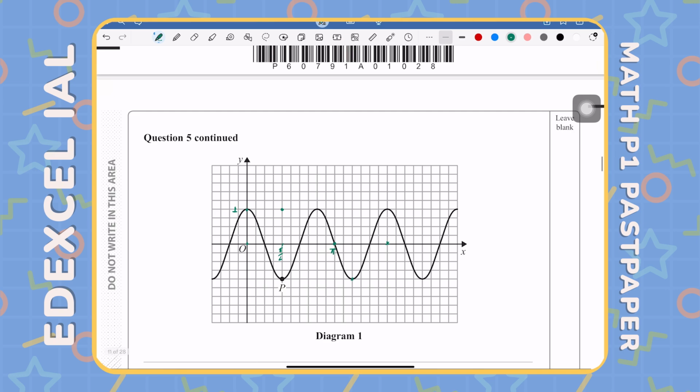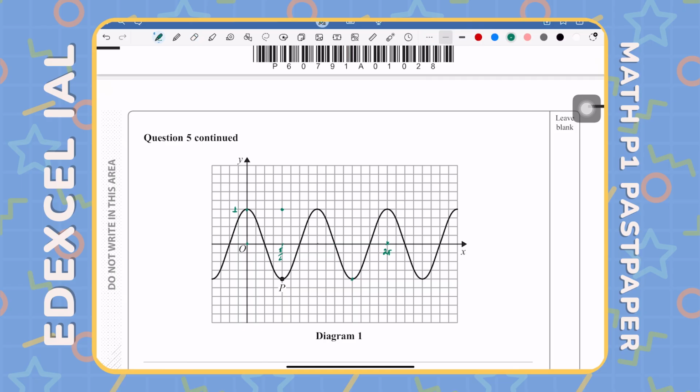Okay, and since this is 2 pi, that means that the graph will be equal to... Okay, wait a minute, I think I've made a small mistake.